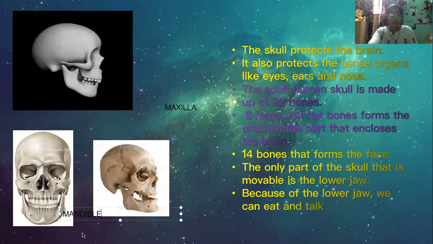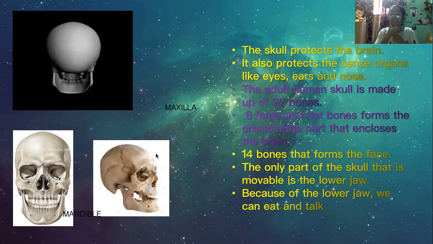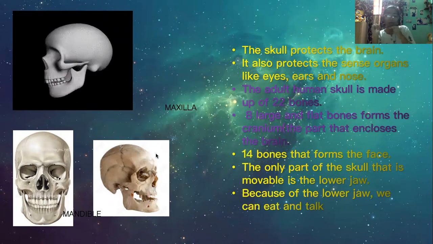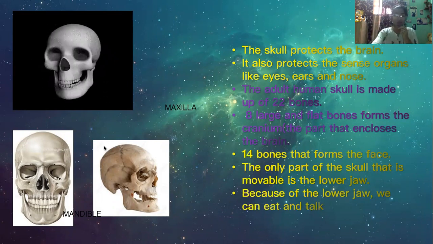So these are the names of the two things. And the mandible, see, my lower jaw is movable. Clear? Because of the lower jaw, we can eat and we can talk.